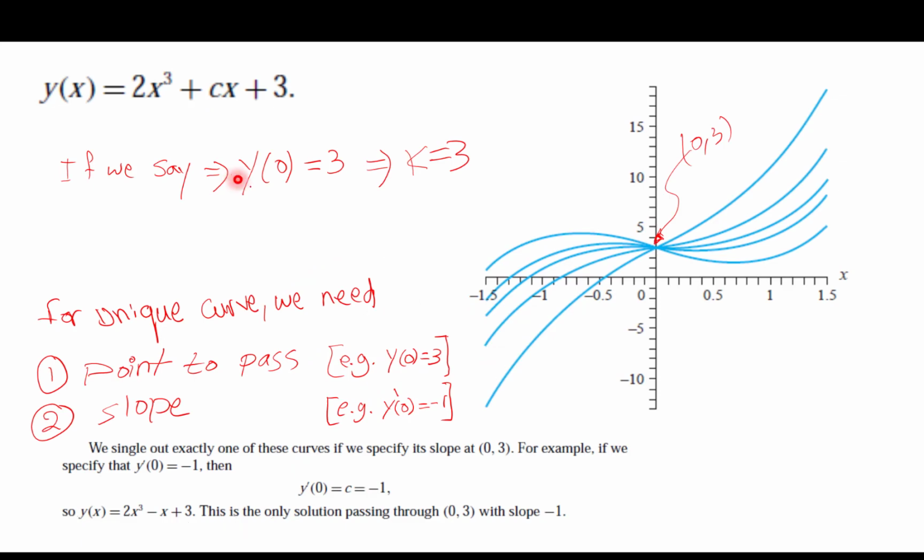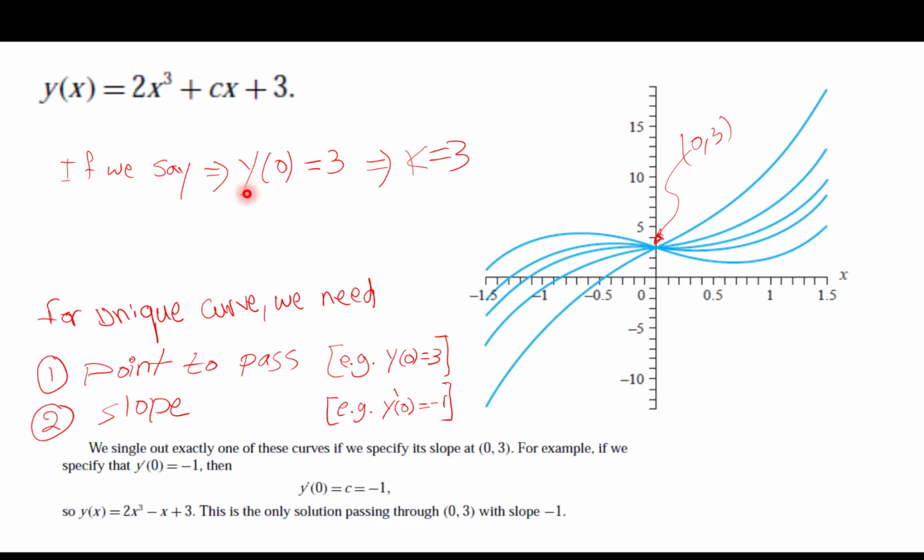Let's assume that we have an initial condition where x equals 0, our function is equal to 3. Based on this and substituting back in our equation, we're going to find that the k in our equation is going to equal 3. So our equation becomes: y of x equals 2x cubed plus cx plus 3, right?